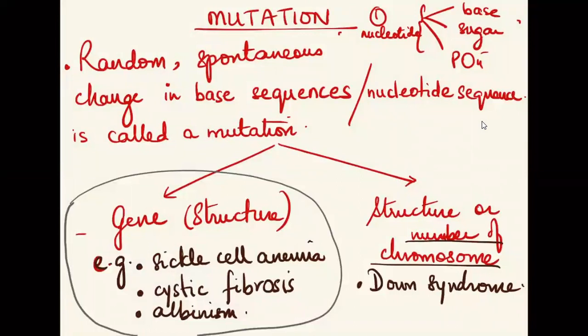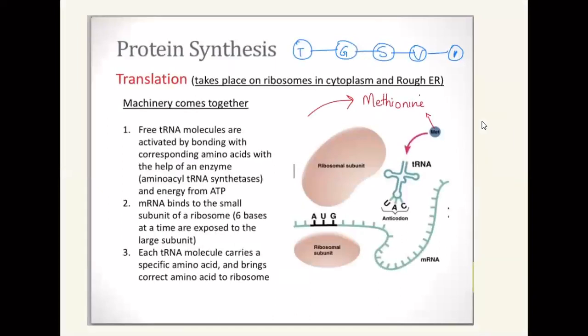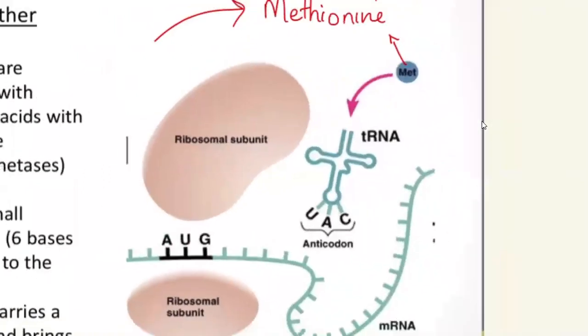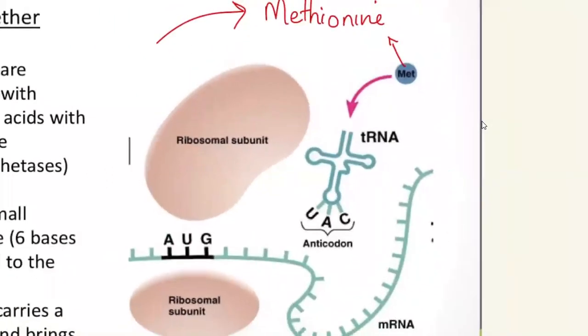I just want to tell you something, that there are some fixed rules for transcription also. What are those fixed rules? Only one minute is left, so I'll just finish this. The fixed rules are that whenever the translation begins, it's always the tRNA that carries the amino acid methionine as the first tRNA.